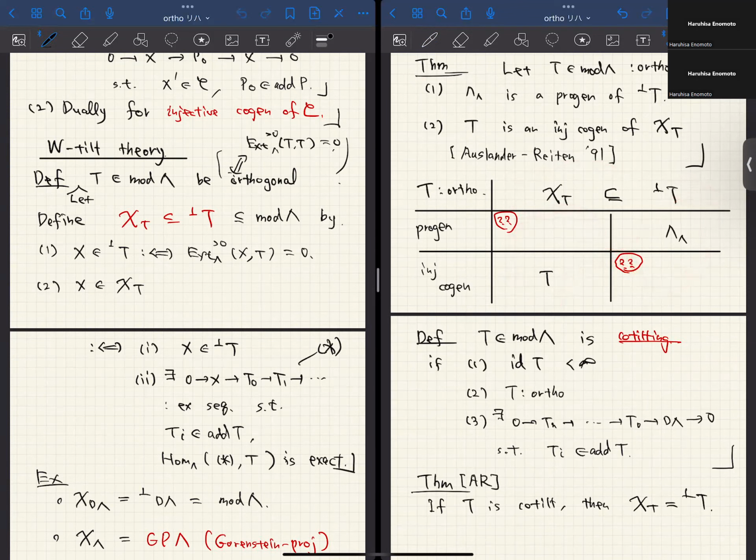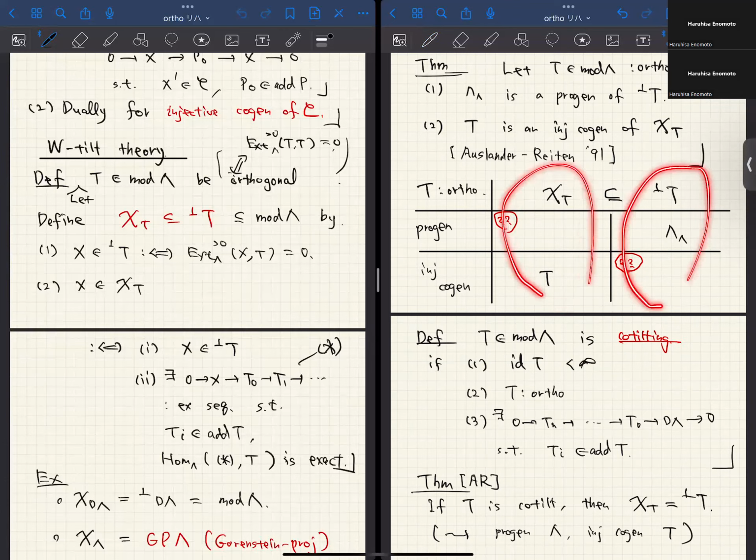So in particular, the result implies that they have progenerator lambda and injective cogenerator T. So if T is a cotilting module, then these subcategories coincide.